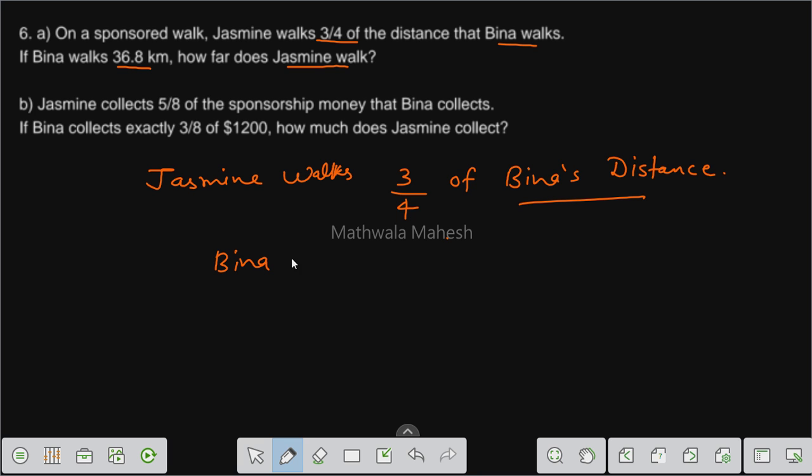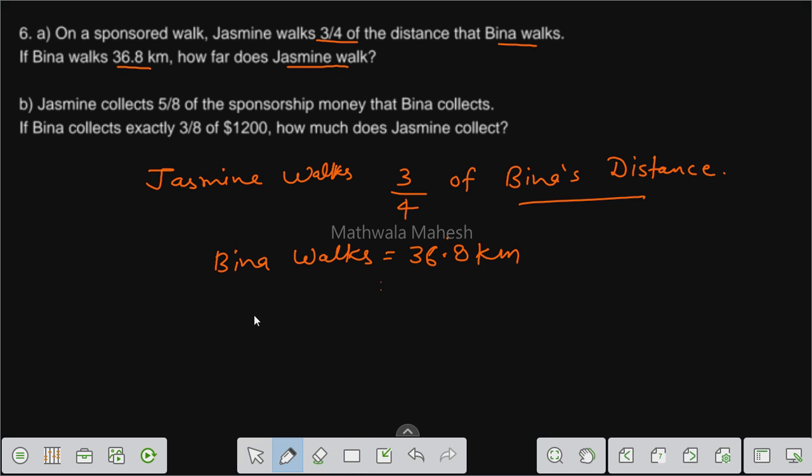So Bina walks 36.8 kilometer. Okay, we can change it in meters, or also we can directly use this one in kilometer.